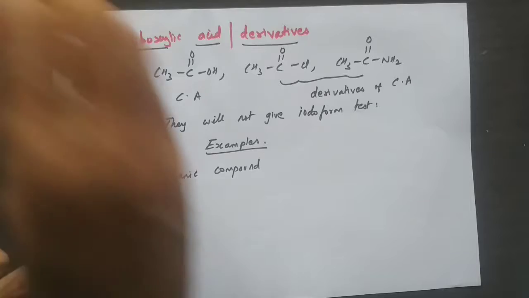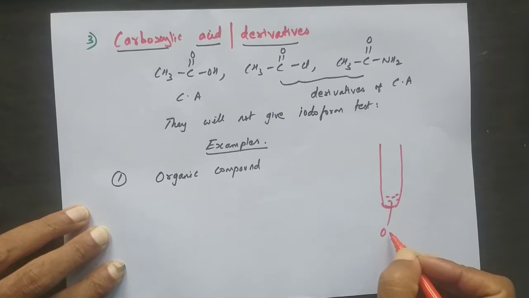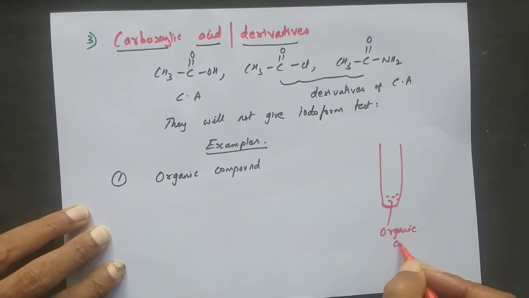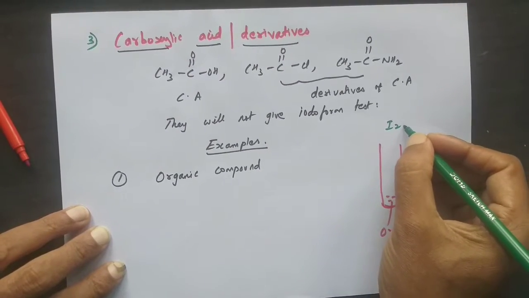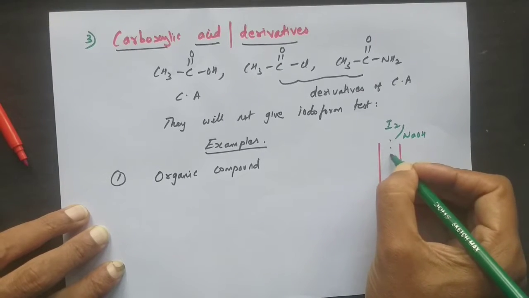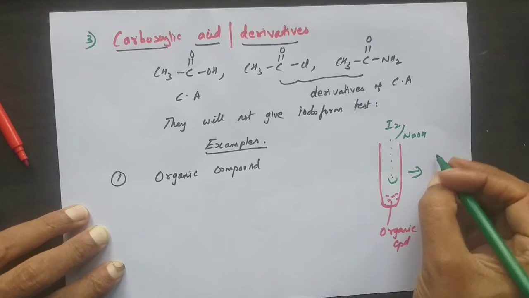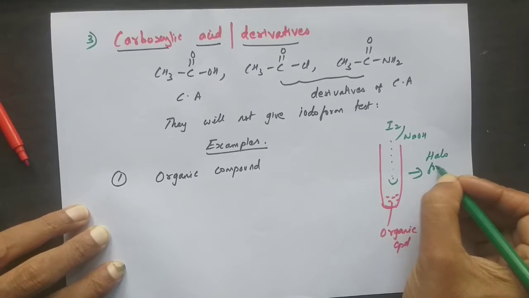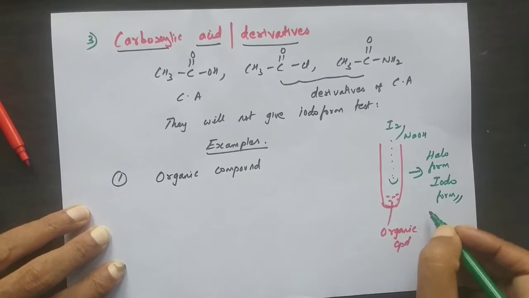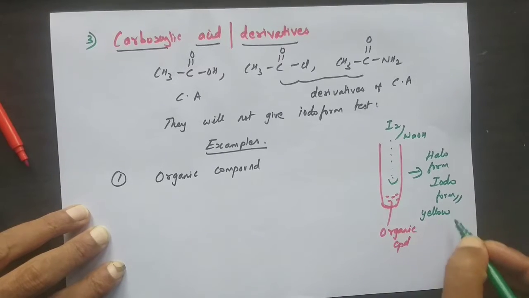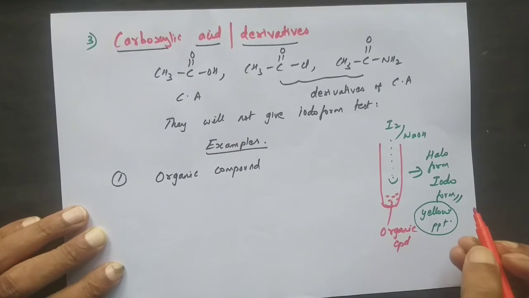When I add I2 and NaOH, iodine and NaOH, to this compound, if iodoform is formed, you will get a yellow precipitate or yellow solid. That will give an idea about the formation of iodoform.